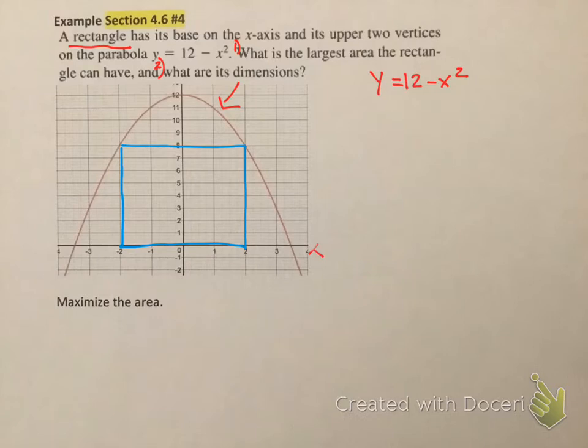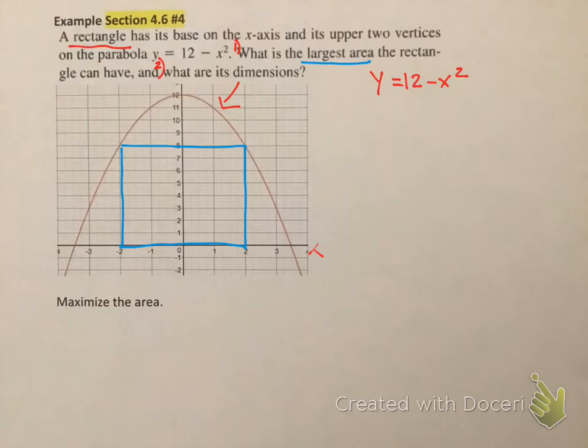So let's go back to what we know. We know it's a rectangle, and we know its vertices are on the parabola that I have written down on the right, y equals 12 minus x squared. There's really nothing else that I know. So let's look at my questions. What is the largest area?